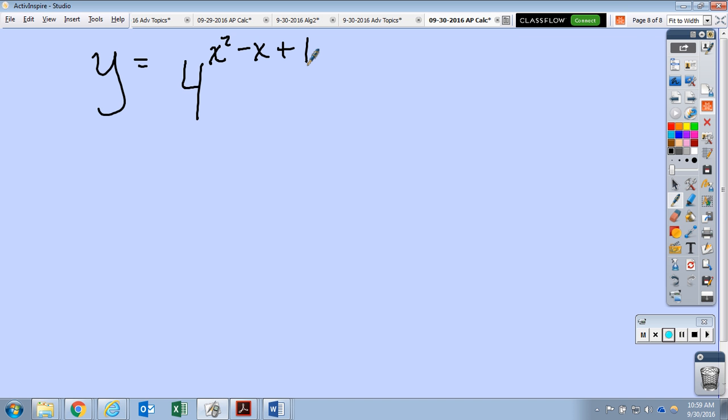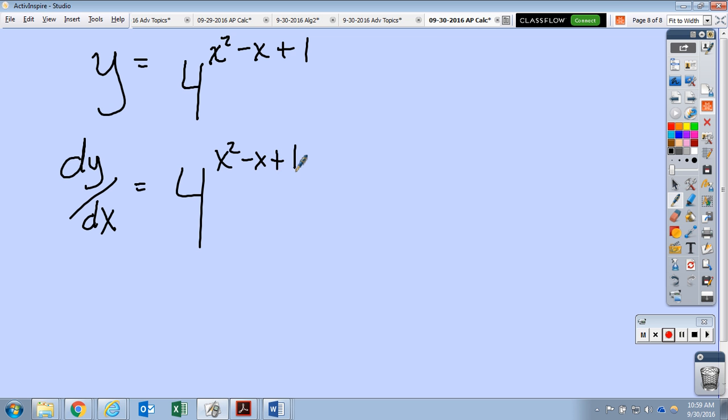According to this, dy dx would be equal to this guy as he is, a to the u, times the ln of 4, times the derivative of this with respect to x, which would be 2x minus 1.